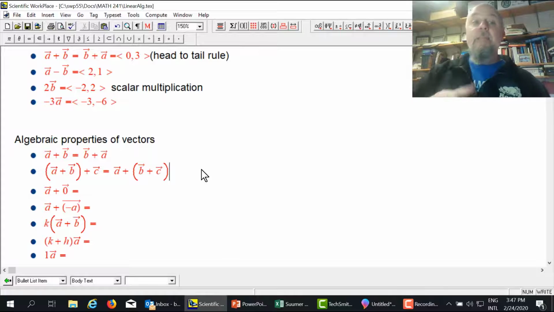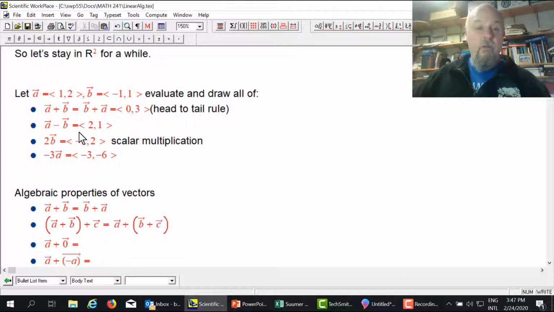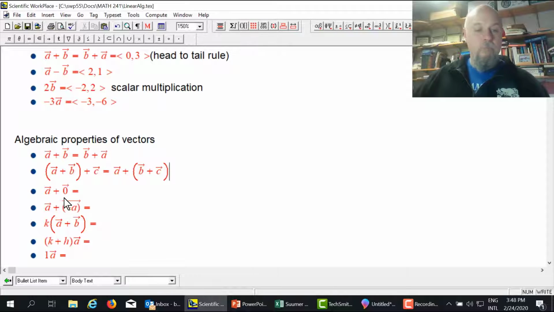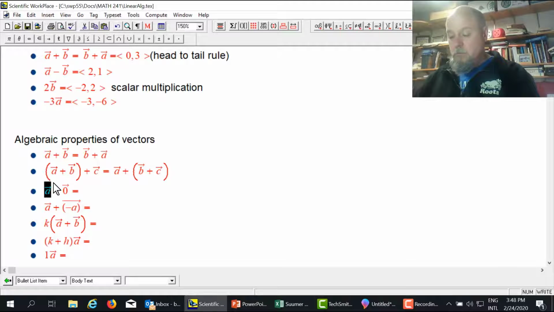Oh, but it does matter that the vectors are all the same size. So here when I was adding vector a and vector b, they were both two-dimensional vectors. You can't add a two-dimensional vector to a three-dimensional vector. They have to be of the same size. If I add the 0 vector to a vector, it's just like adding 0.